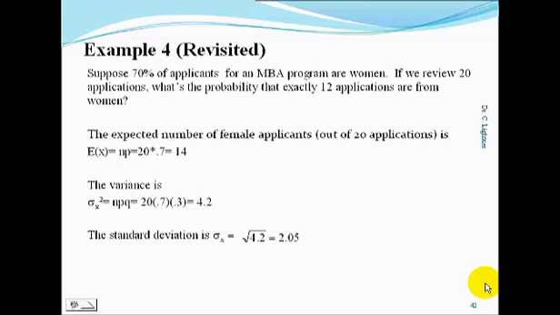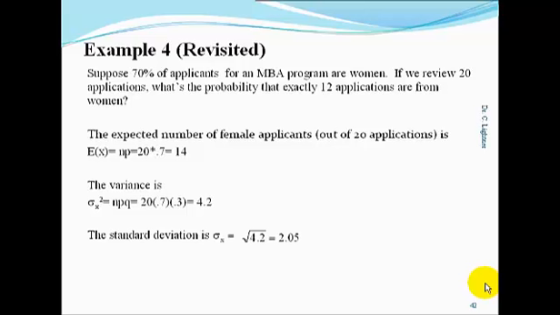Now let's revisit example 4. If 70% of the applicants for the MBA program are women and we review 20 applications, we can determine the expected number of female applicants out of the 20 applications using our expected value formula for a binomial random variable.